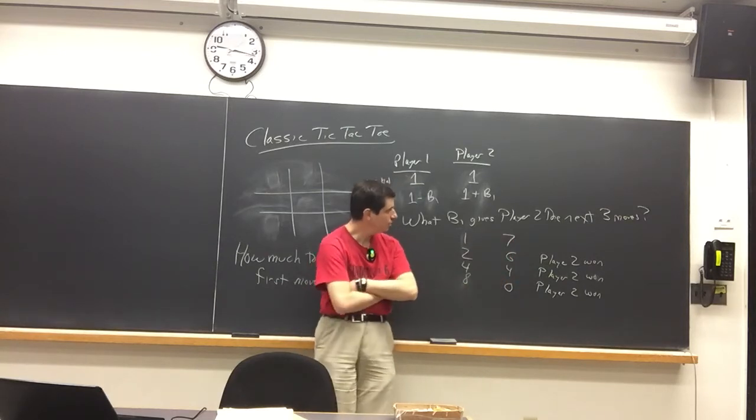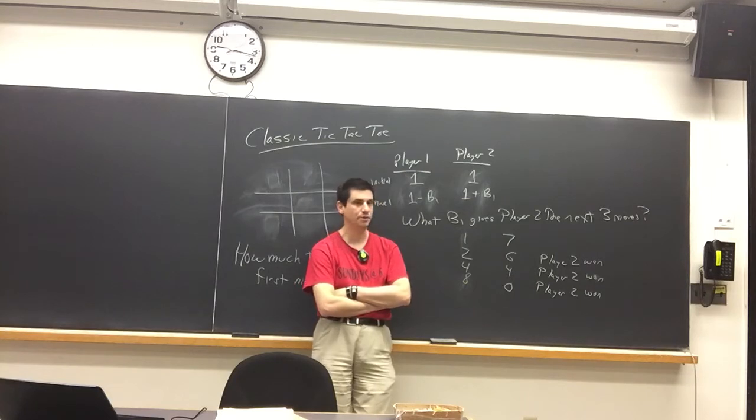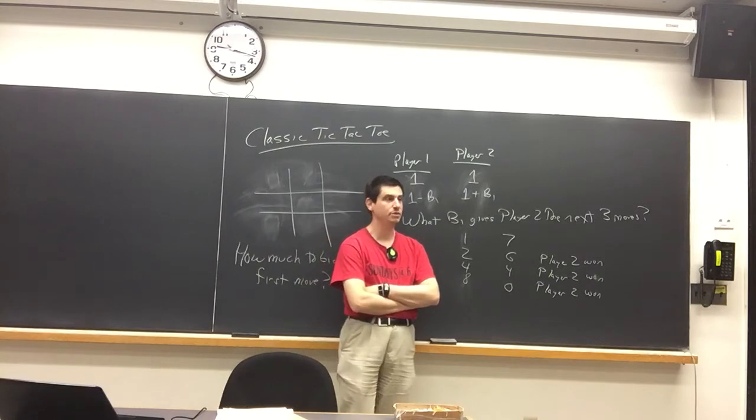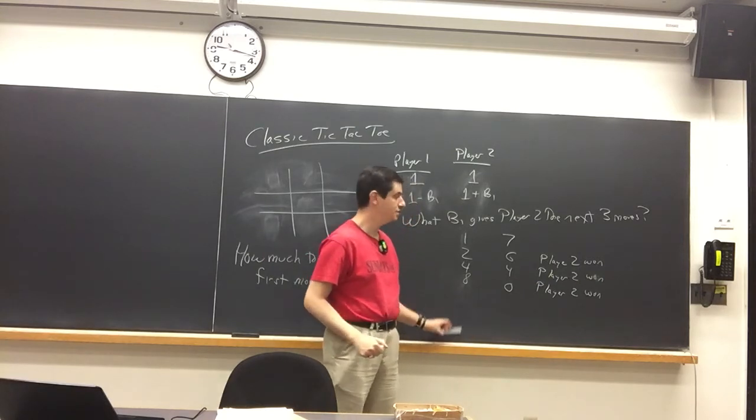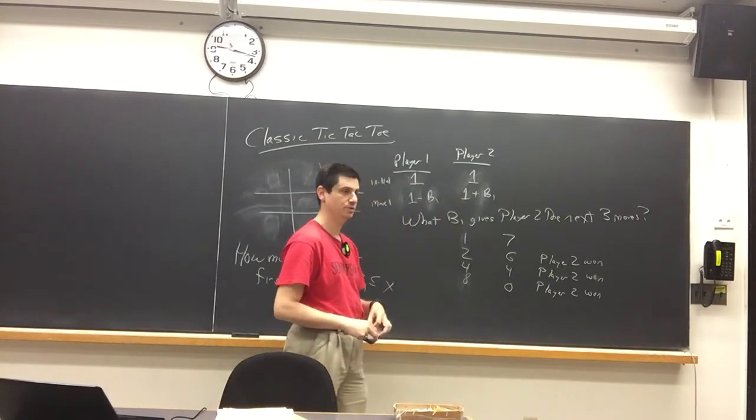So if player 2 has 7 times player 1, they can get the next 3 moves. What if they have less than 7 times? You can get potentially the next 2 moves, but not the next 3 moves. So this is already enough to tell us that 7 is a critical value.